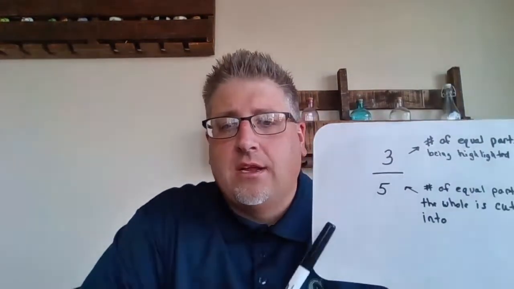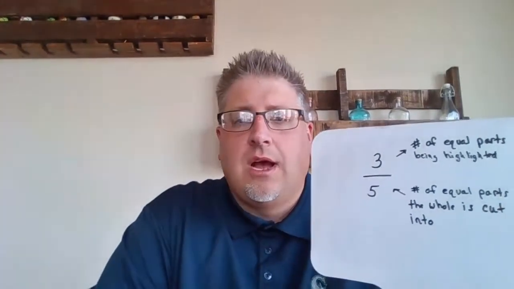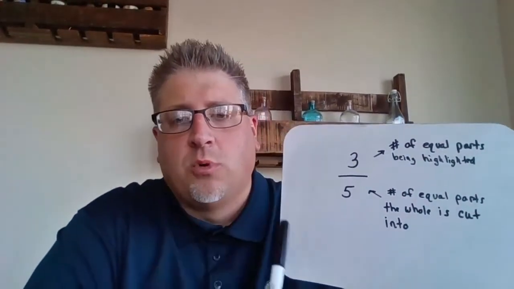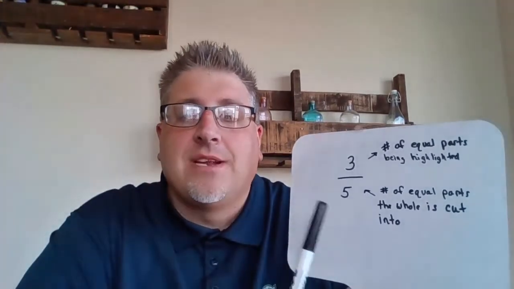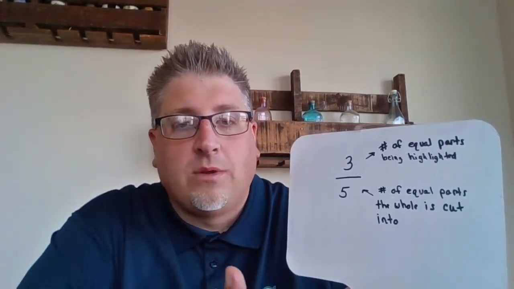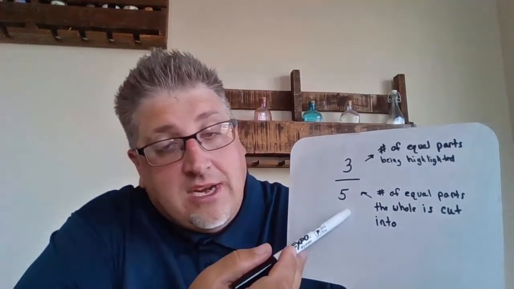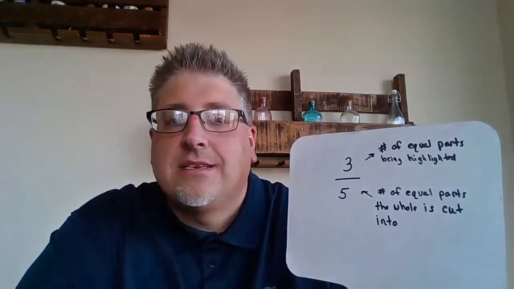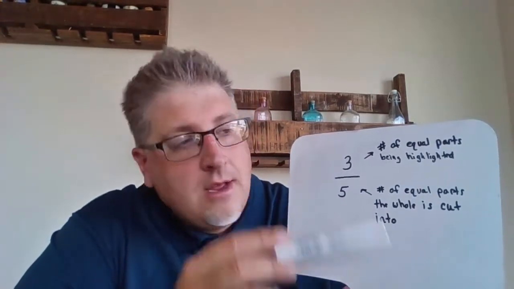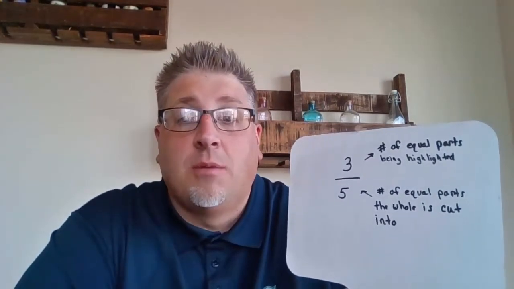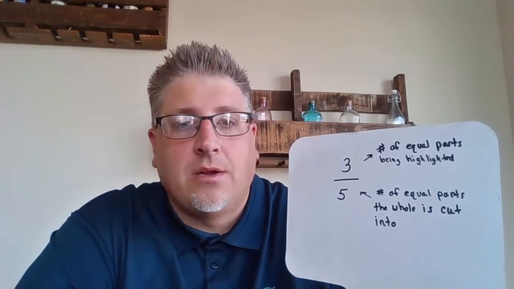So before we do that, let's just review fractions in general with the numerator and the denominator. The denominator is the bottom part, and that represents the number of equal parts the whole is cut into. All right, so for here, we would have 5 pieces. 5 pieces would be what the whole would be, 5 equal pieces. And up top, the numerator tells us the number of equal parts being highlighted, okay?